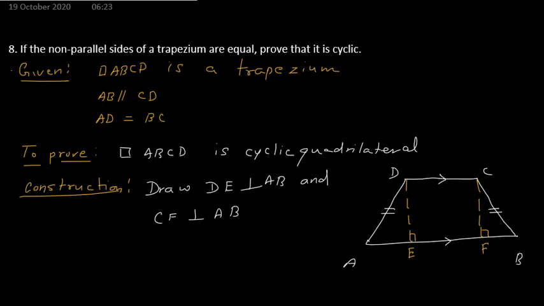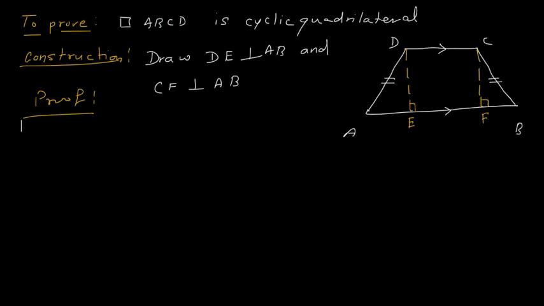Okay, so in proof I will say that first this DE is equal to CF. I will consider this equation 1 and this is the distance between two parallel lines. Distance means the perpendicular we have drawn, no?